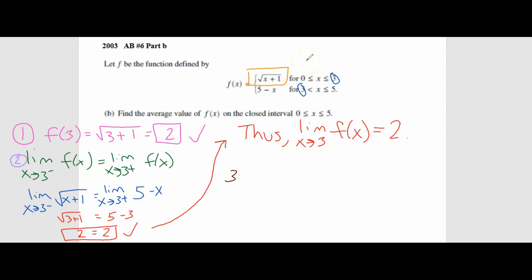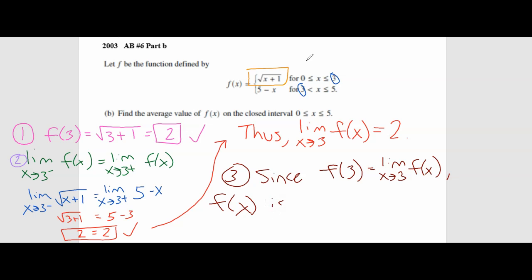Our third part: we can say, since f of 3 is equal to the limit as x approaches 3 of f of x, f of x is continuous at x equals 3.